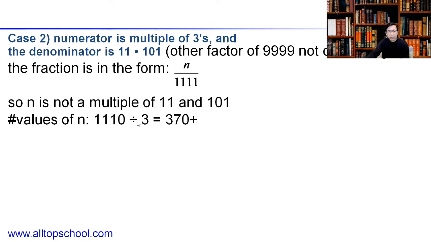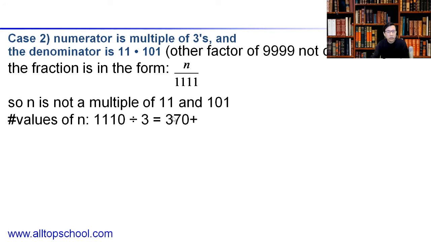When you divide by 3, 1,110 divided by 3, because n should be less than 1,111. So we use 1,110 divided by 3, and we get 370 such numbers. But that's really not everything. Actually, this is too much.